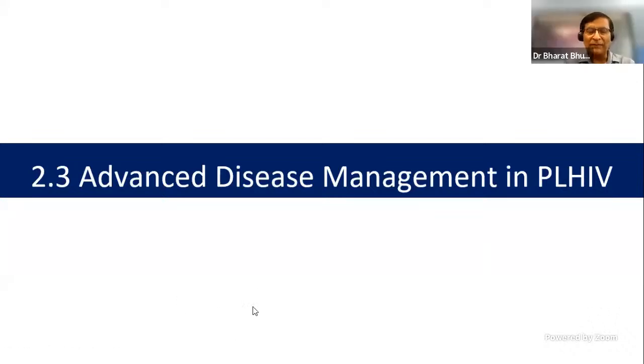Good afternoon, everyone. At the outset, I would like to congratulate NACO for having taken this great step of updating ART guidelines, not only for treatment, but also opportunistic infection and operational guidelines.